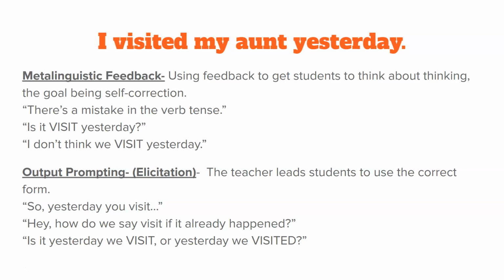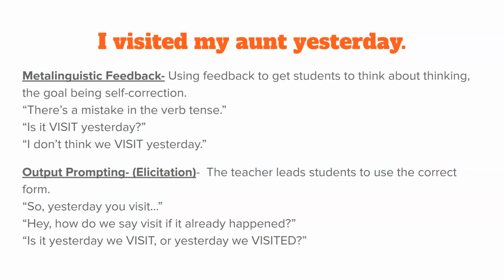Okay, so we learned about an explicit correction giving, I mentioned it earlier, metalinguistic feedback. And basically, you want the learner to start thinking about their thinking and to start to cue that process of self-correction, but you want them to know why. Okay?